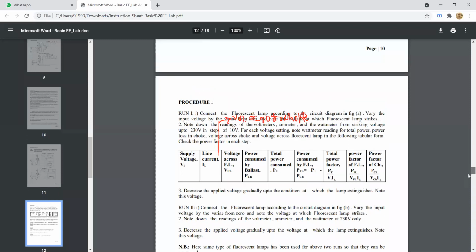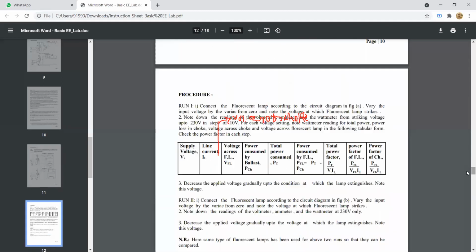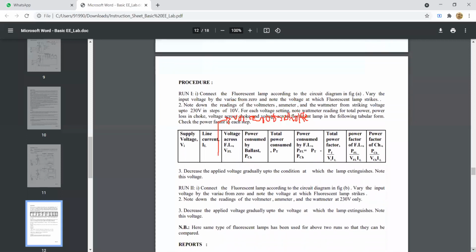Then you have to change this switch from total to CH, then you will get the power consumed by the choke or the ballast, PCH. So you will get 1, 2, 3, 4, 5, 6 values, right? And the remaining you have to calculate.